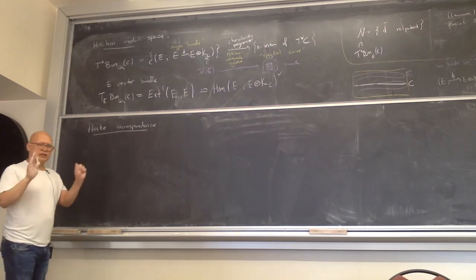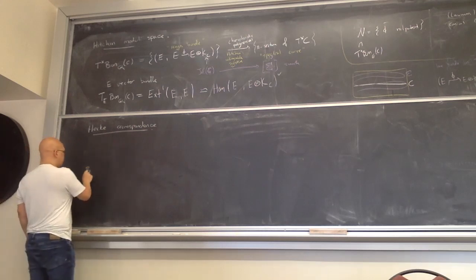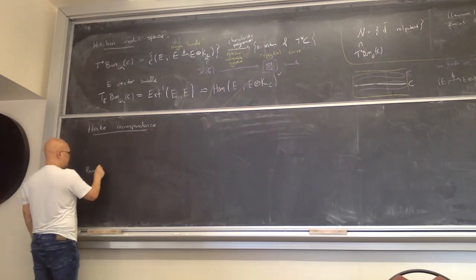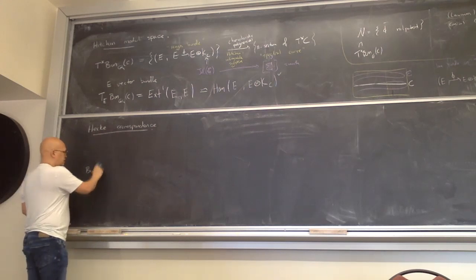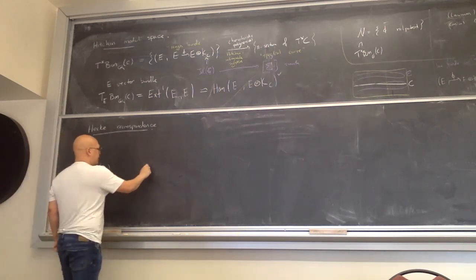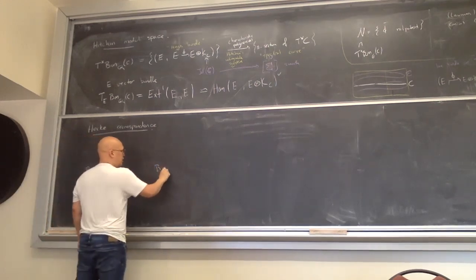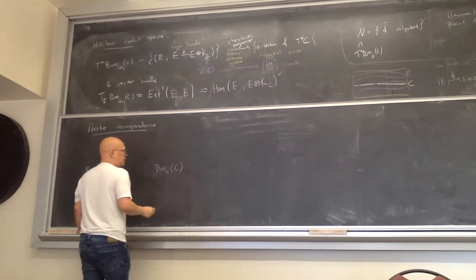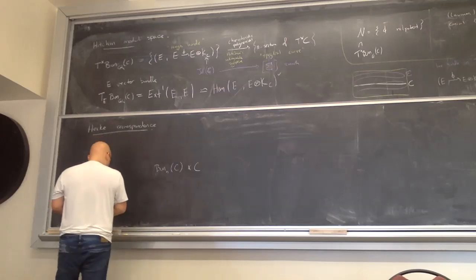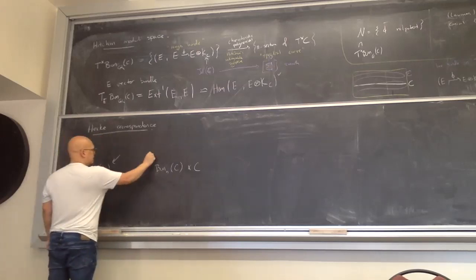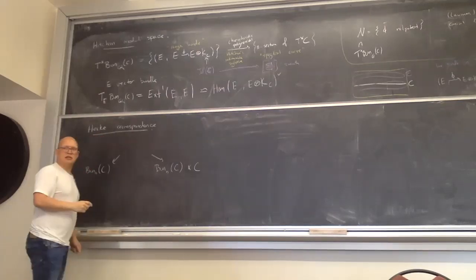There's many of them, but I explained the simplest one. So let's have Bun. I'm just going to write Bun now for vector bundles, of fixed rank. So we have Bun and C, and then I have Bun and C across C. And the Hecke correspondence is something which maps to these things.